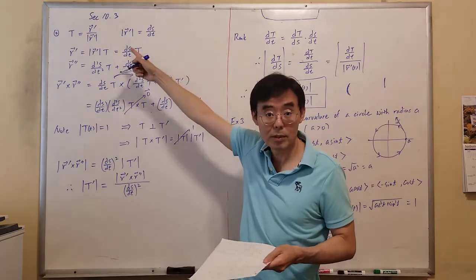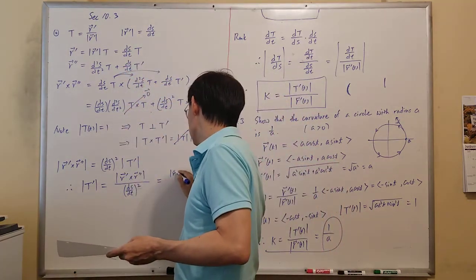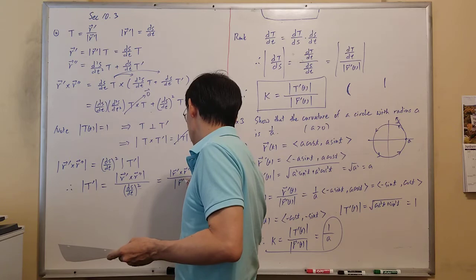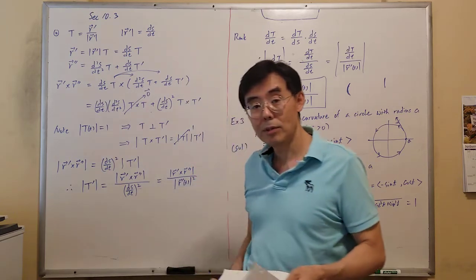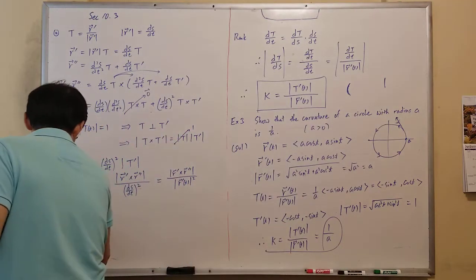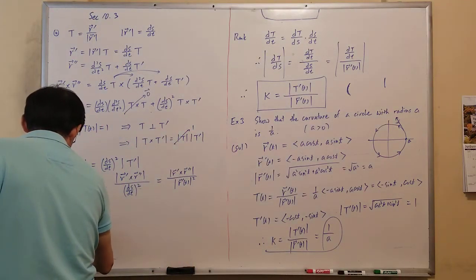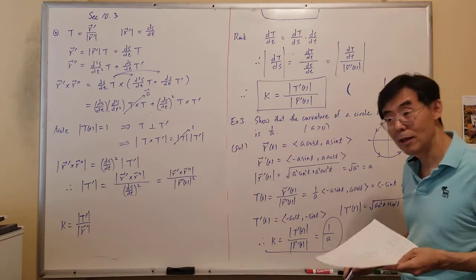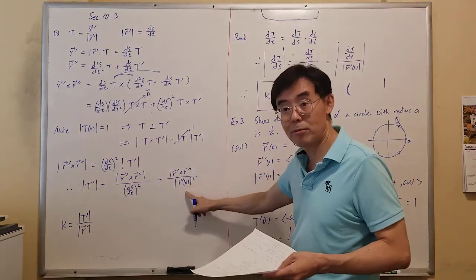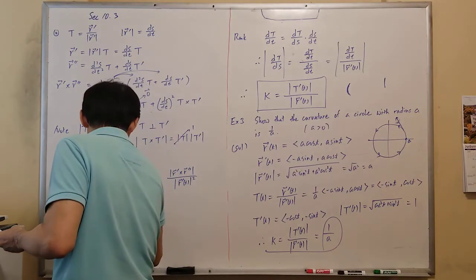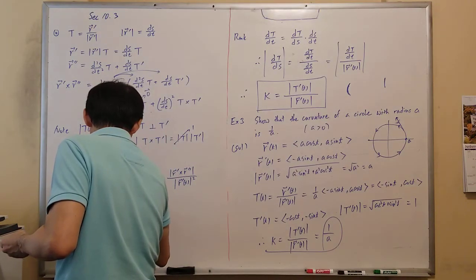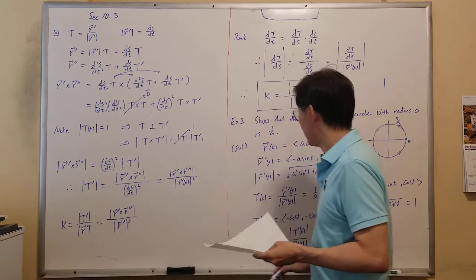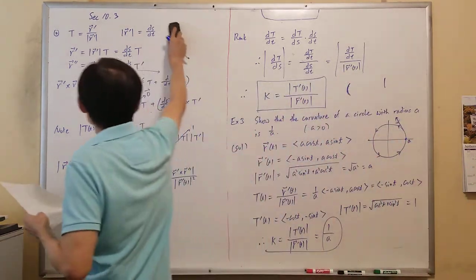Now ds/dt was the magnitude of r prime, so I can write it. What was curvature? Curvature was the magnitude of T prime over the magnitude of r prime, right? So this one is divided by one more r prime. So you get the third power.